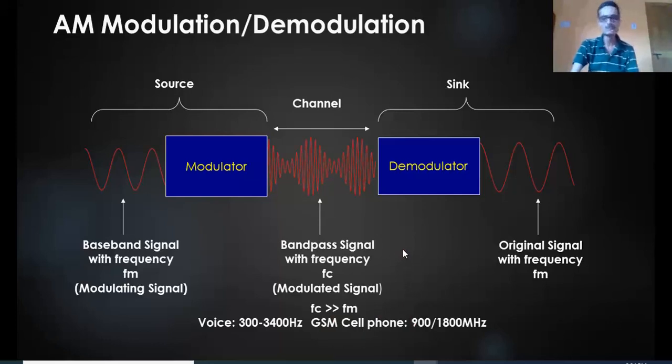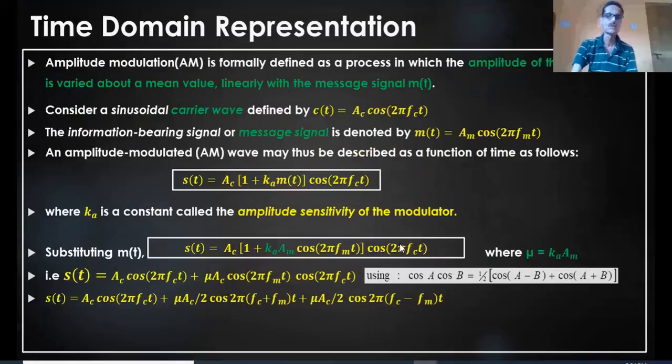Now, we will move to the time domain representation of an AM signal, that is, how we represent it mathematically in the time domain, time versus amplitude, using the waveform method, and how to get that equation. Later I will explain how to represent it in the frequency domain. Now, what is amplitude modulation?